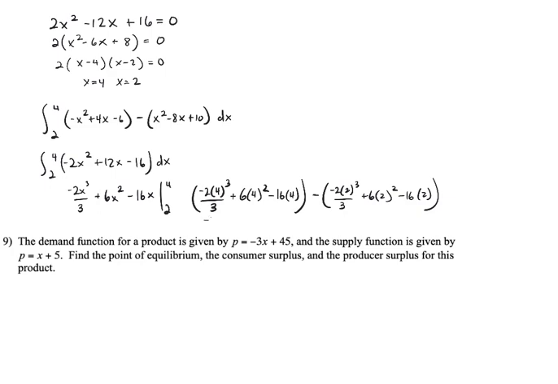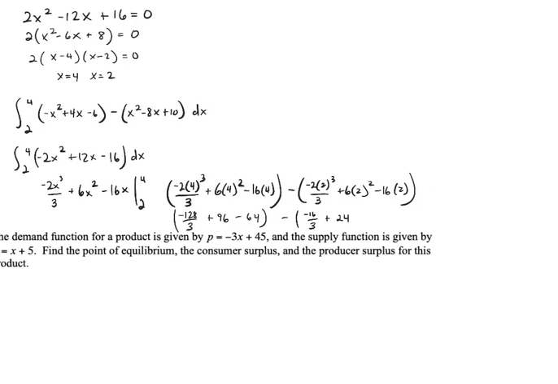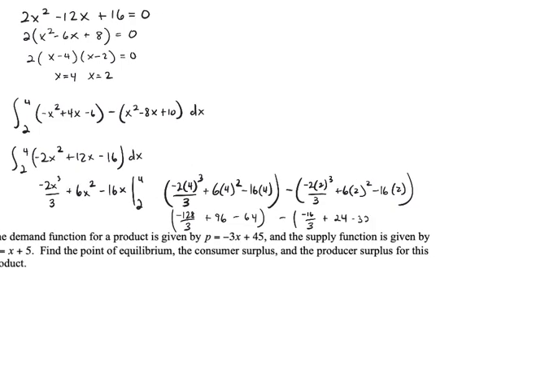Okay, so this is negative 128 thirds plus 96 minus 64. And here, we're going to have negative 16 thirds plus 24 minus 32.